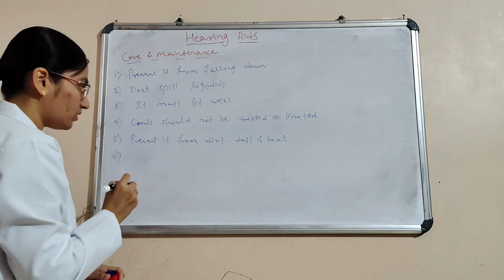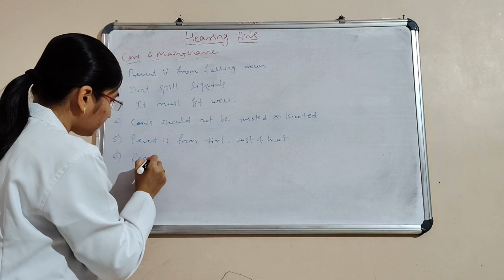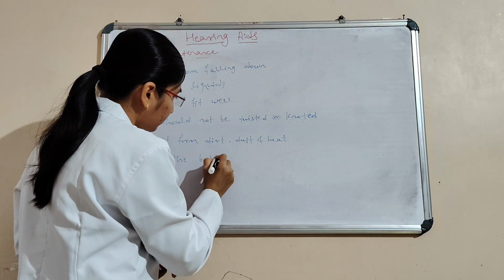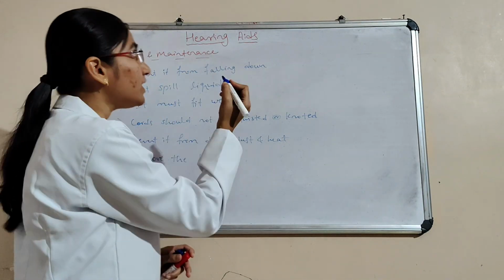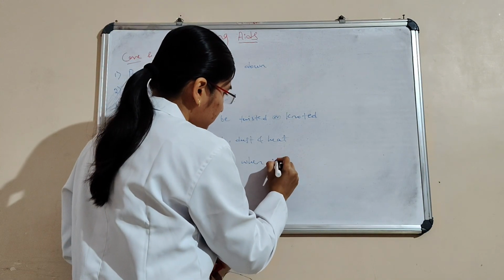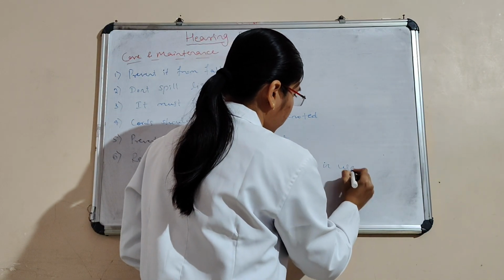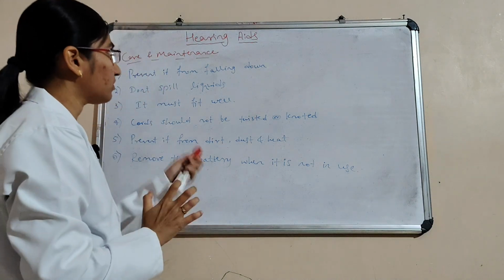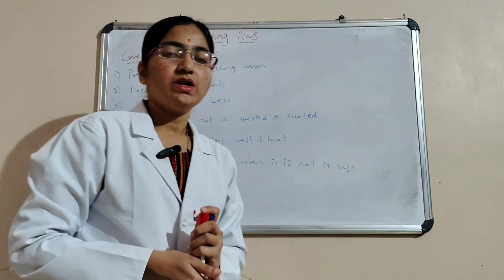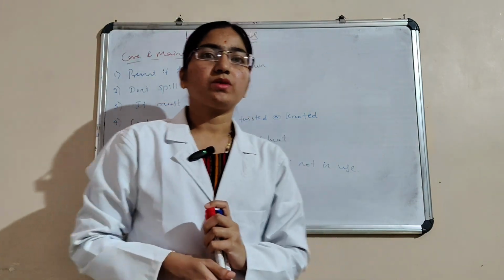And then remove the battery from the hearing aids when it is not in use. This is the way we need to take care of hearing aids. This is all about hearing aids.